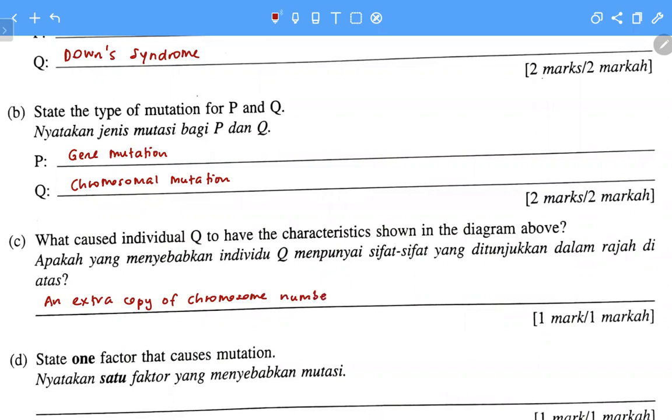Or you can also say three copies of chromosome 21. Both are acceptable.